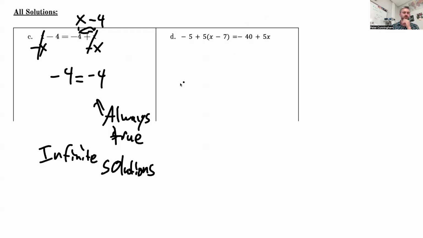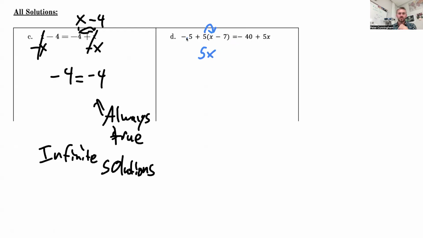Okay, got a little more work to do on this last one. Let's get another color. Well, I always like blue. All right, so again, here I would distribute just so I can get everything kind of in order, get rid of these parentheses, take the 5, multiply it by x, so I got 5x.